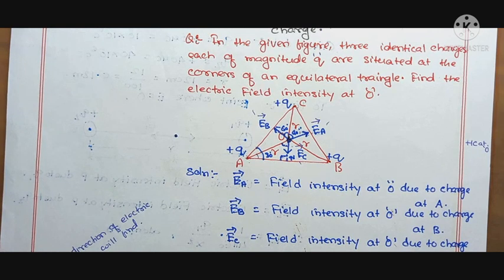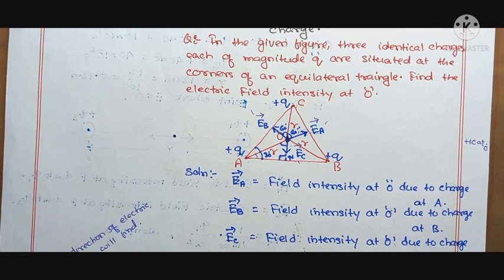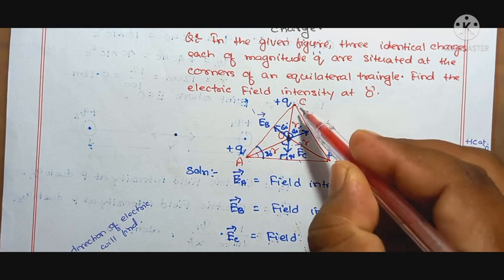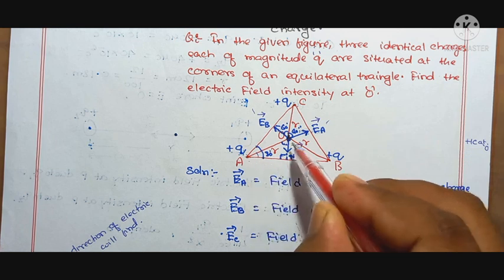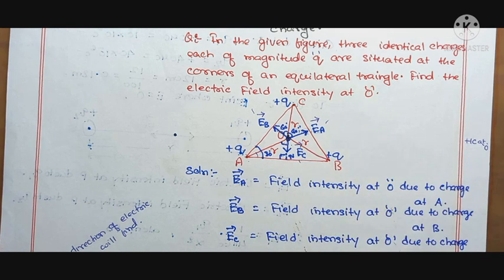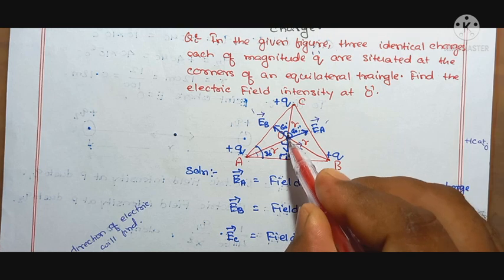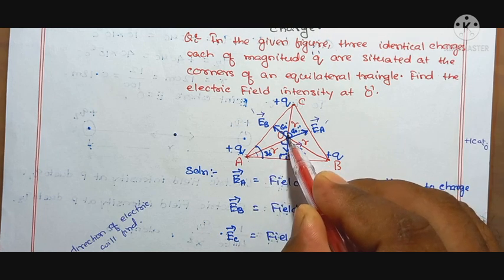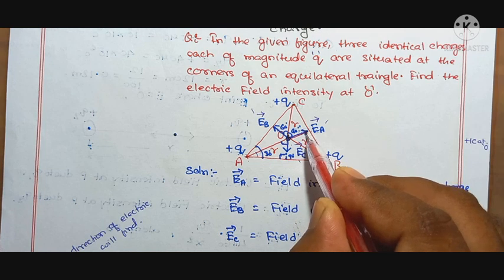Now we will calculate, or by guessing also it will be 0. So see, here first we will find out the direction of the electric field at O. By putting plus 1 coulomb charge at O, this is a positive charge, so this 1 coulomb charge will move in this direction.